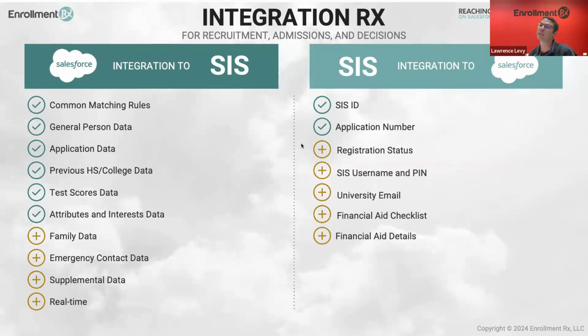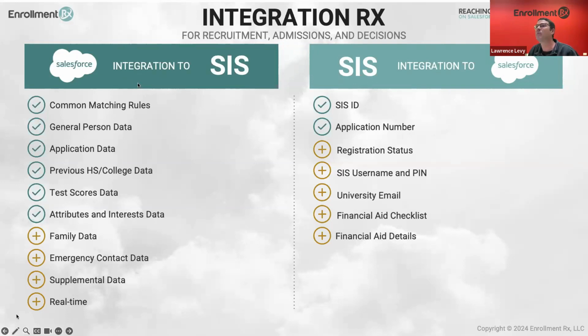To begin, let's again frame this in terms of the ideal state. If we showed those two different pond slides, we're talking here about the second pond slide, that ideal state, where all data is coming into the CRM, and then we're sending data from Salesforce, from the CRM, over to the SIS. And we're also bringing some data back from the SIS into the CRM.